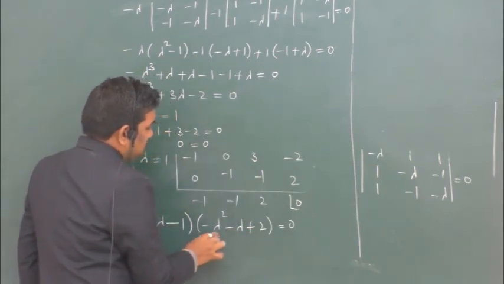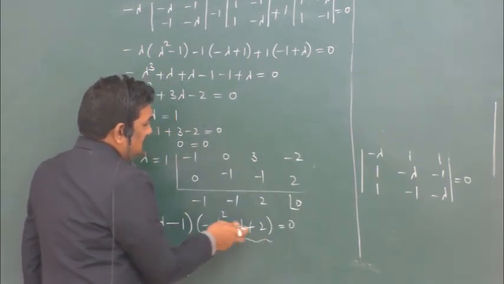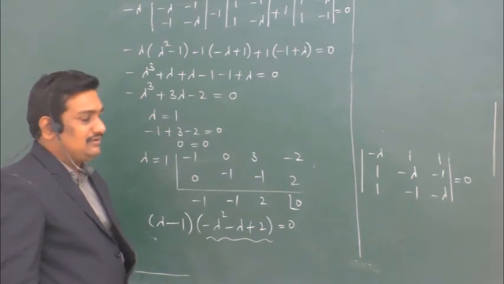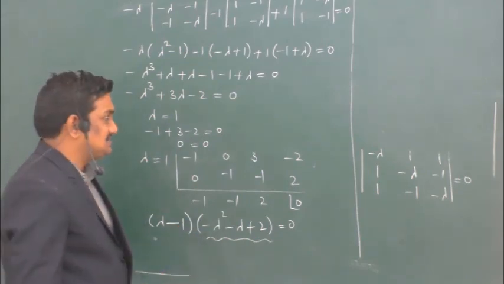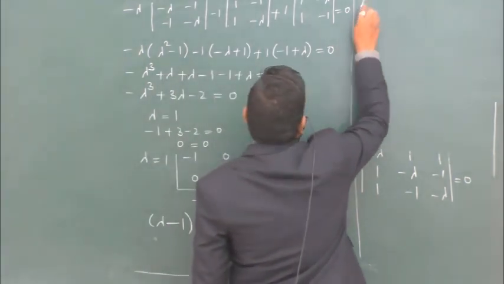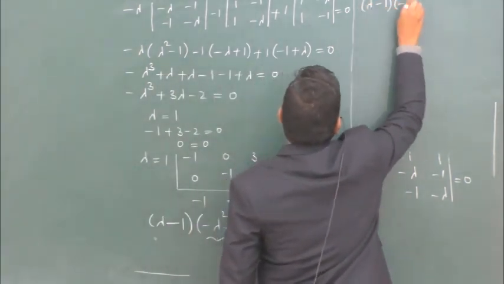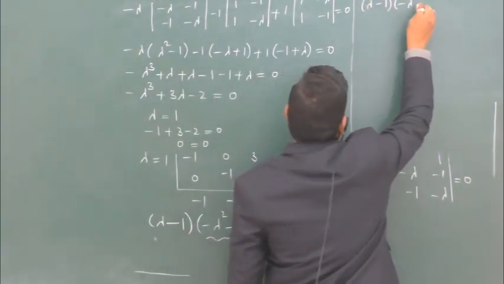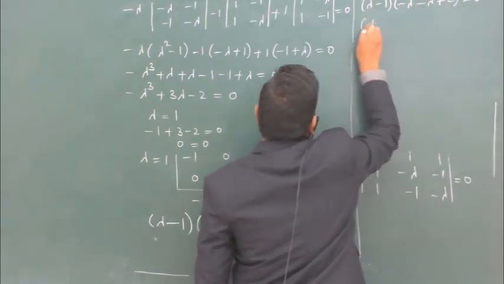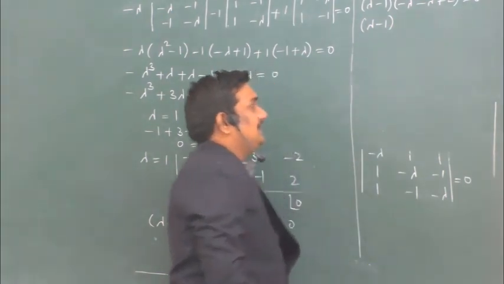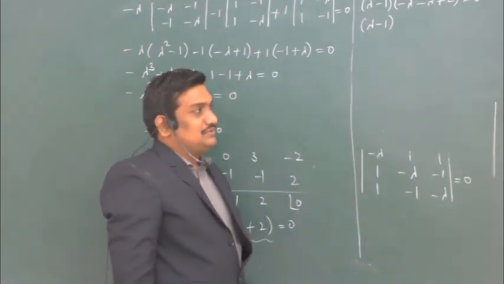The new coefficients are obtained from the synthetic division table. Now you need to factorize minus lambda square minus lambda plus 2. You need to write the middle term as a sum of two terms.